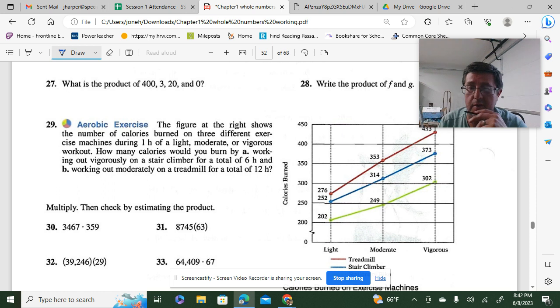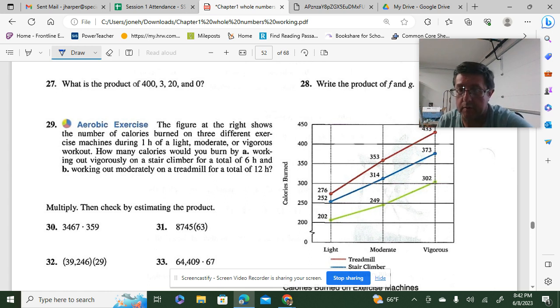So you burn over 1,800 calories, which if you ate 2,000 calories, you would burn off everything you ate for the day, which might be nice, but not as feasible. Okay, so if you worked on a treadmill for a total of 12 hours, so this, the red line means treadmill, and you worked on it moderately.